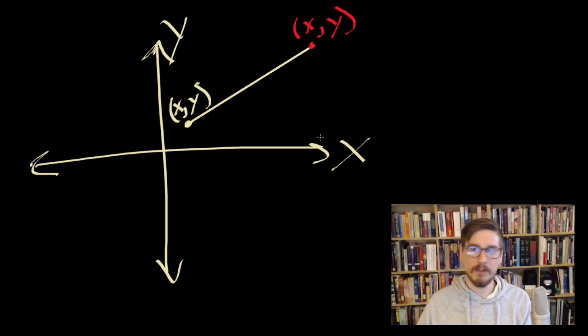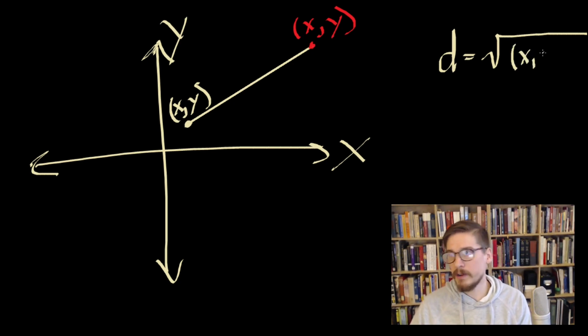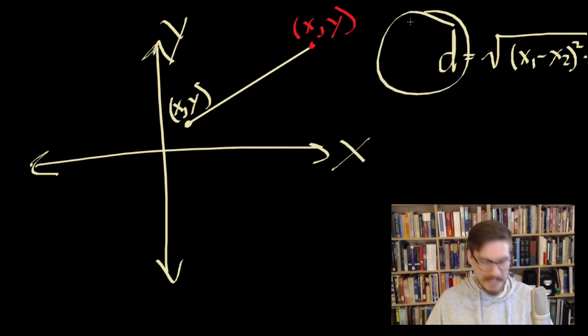And then what we do is we use this formula, which you've probably learned something like this. So d is equal to x1 or x2, doesn't matter which one it is. So one of the points minus the coordinate for the other point, plus the y value of one point minus the y value of the other point. You take the square root, and that's the distance of those 2 points.